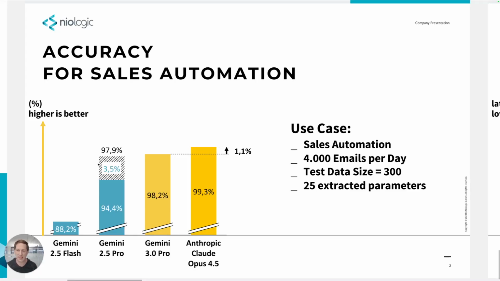So why the 3.5? We've rerun exactly the same benchmarks this week, and we repeated it two to three times. Now Gemini 2.5 Pro gave only a maximum accuracy in three runs of 94.4%.